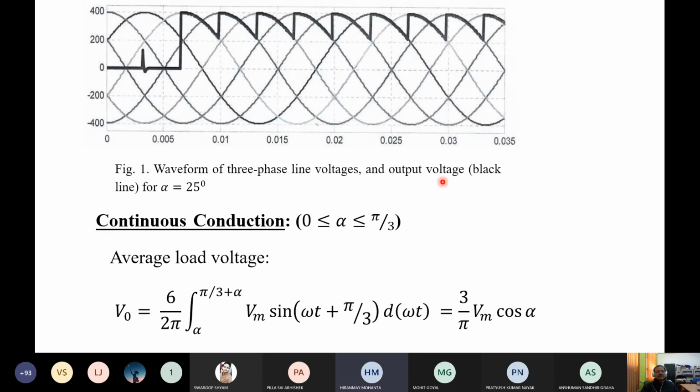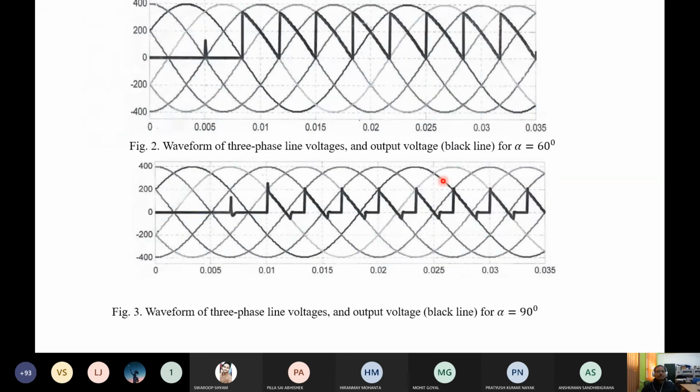So I am saying that will be omega t minus pi by 3. No, it is plus pi by 3. It's plus pi by 3.